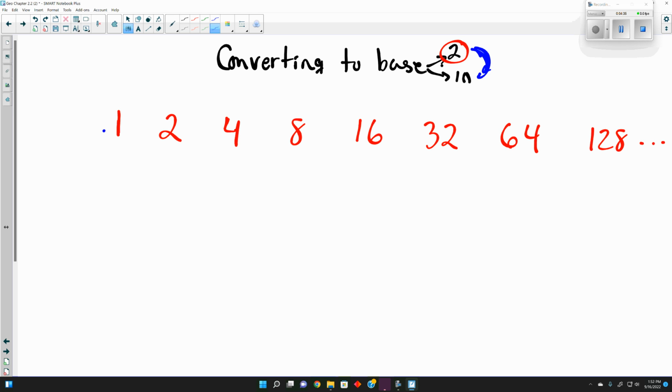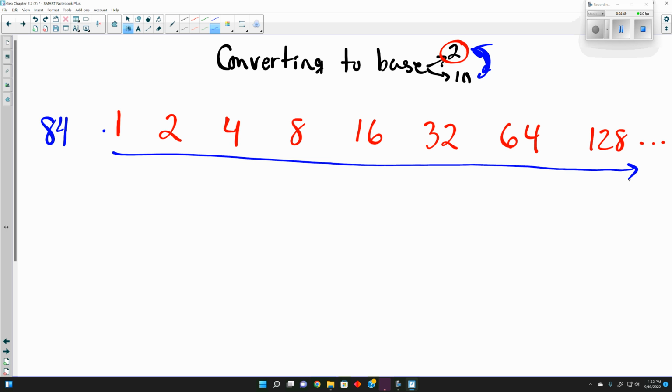Now if we're going the other way, base 10 to base 2. At one of the academic meets, they told us to convert 84 to base 2. When we do this, we'll have this number line written out, and we look for the biggest number that can go into 84. Well, that's 64. So we have it going in once.